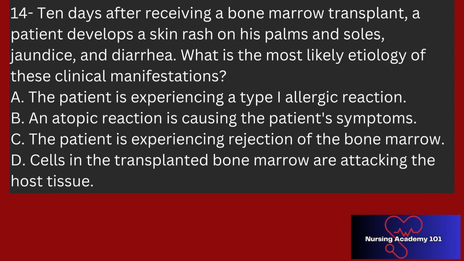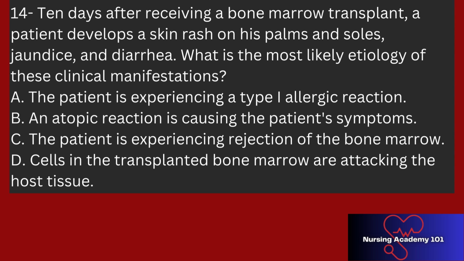Question number 14. 10 days after receiving a bone marrow transplant, a patient develops a skin rash on his palms and soles, jaundice and diarrhea. What is the most likely etiology of these clinical manifestations? A. The patient is experiencing a type 1 allergic reaction.